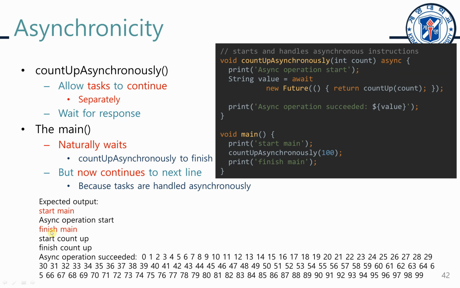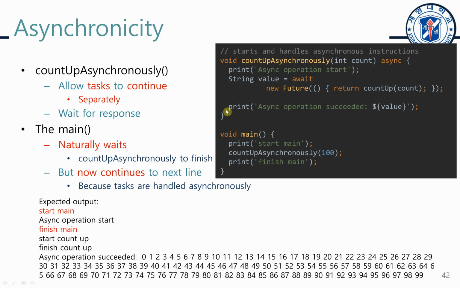Main prints finish main. So this is executed, but after main is executed, maybe count up is started and count up is finished, and then after the count up method finishes its statements, we continue here.